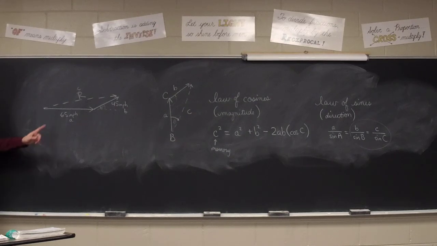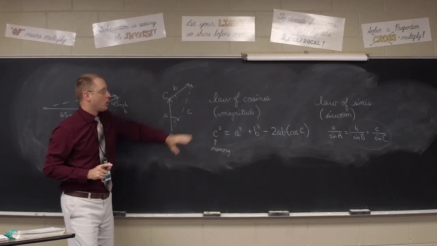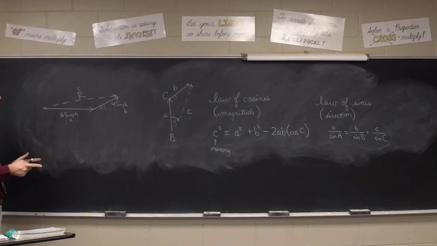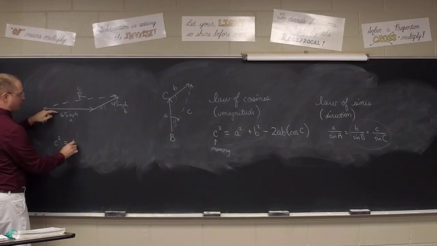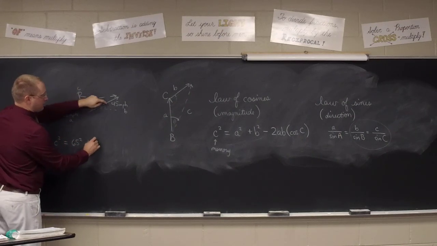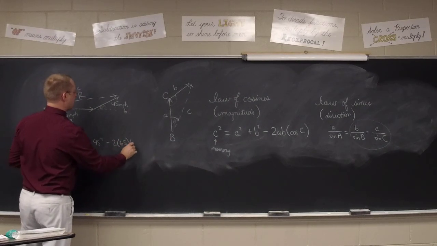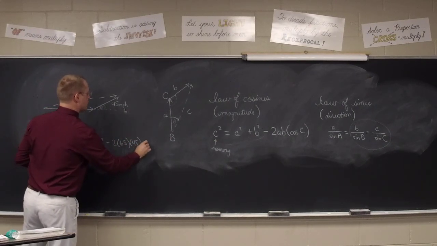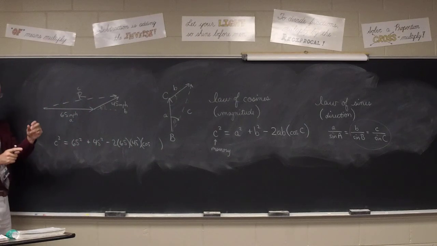Now, remember, for the magnitude of the resultant, which we'll always find first, we're going to use the law of cosines. We're going to say that C squared equals A squared plus B squared minus 2 times A times B times the cosine of angle C. Watch.